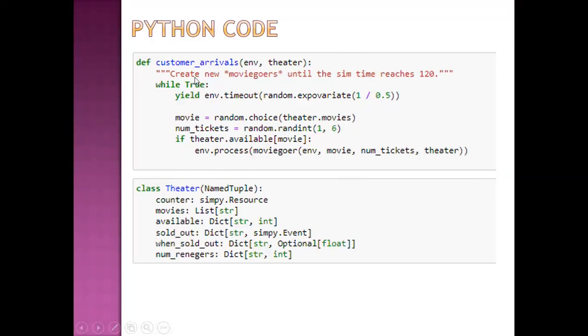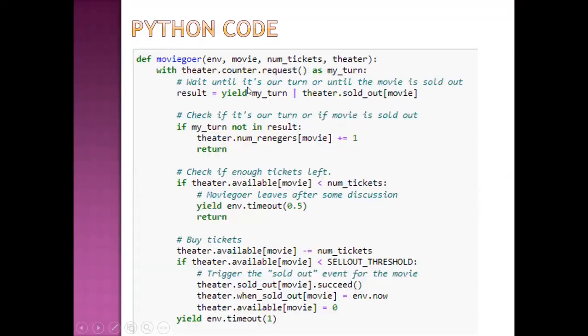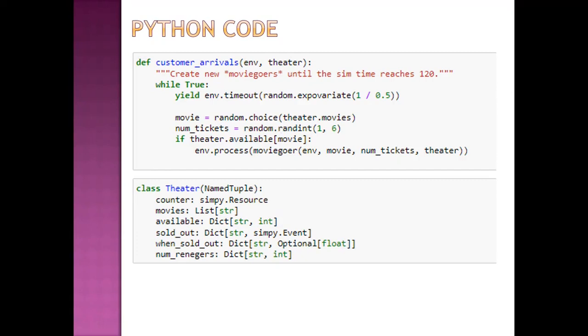Then this is the customer arrival. Now it is important that here we check whether there is a sellout situation, and this is the customer arrival process, and we have used an exponential distribution here. For the number of tickets we have used a random distribution.